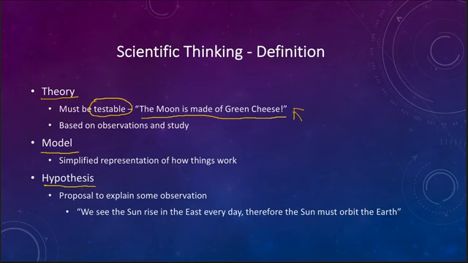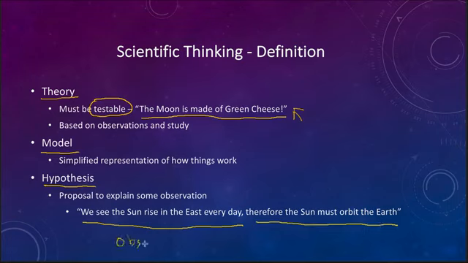But a hypothesis, again, is a proposal that we'll give to explain some observation that we see. An example here is the observation, something that we don't debate, that the sun rises in the east every day. What is open to interpretation is why that occurs. So this is the observation that we see, and this is the possible explanation. Why does it occur?